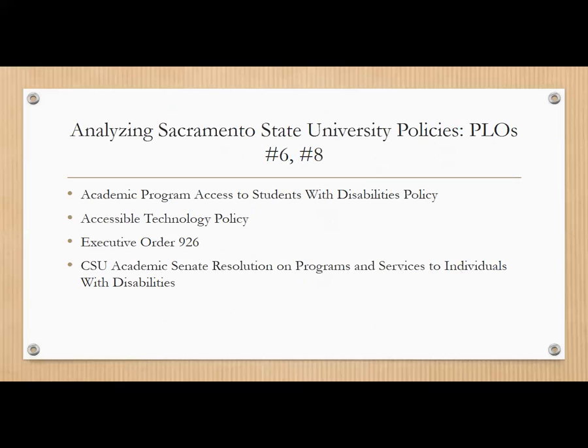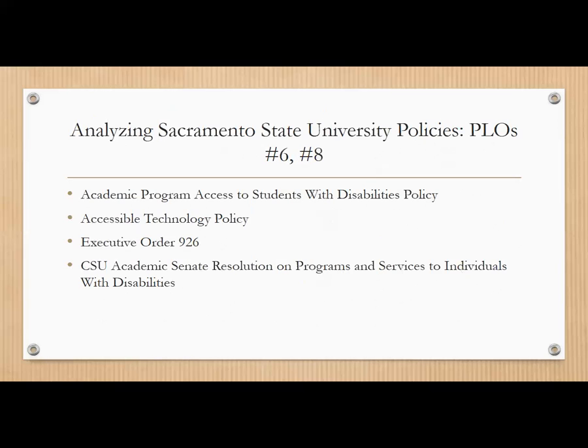The Accessible Technology Policy is also university-specific, but seeks to comply with Executive Order 926 and states that Sacramento State University strives for an inclusive educational environment by ensuring that its information technology resources and infrastructure are accessible to all students, faculty, staff, and the visiting public, regardless of ability.